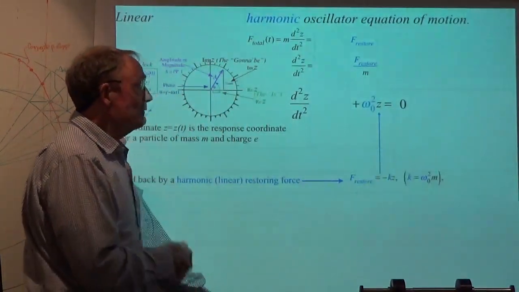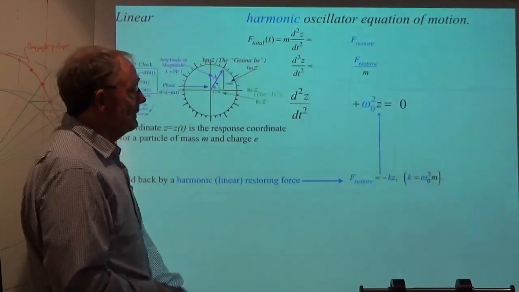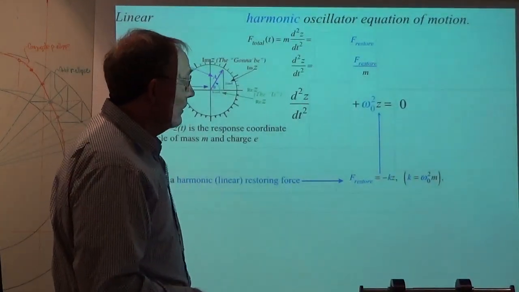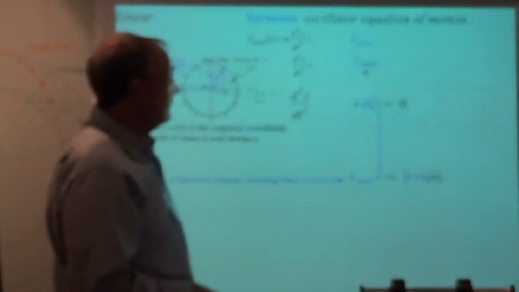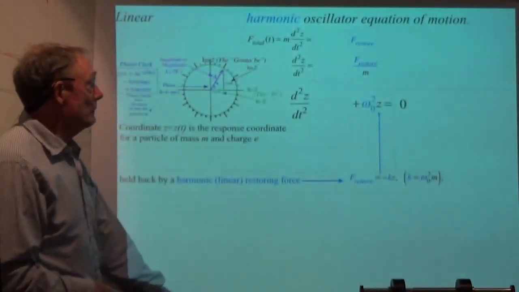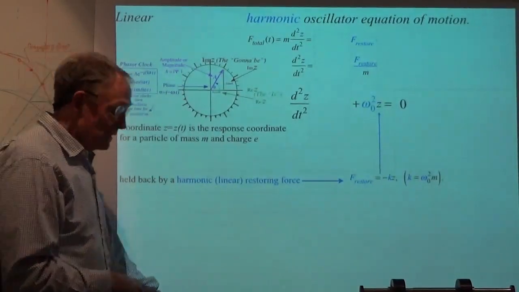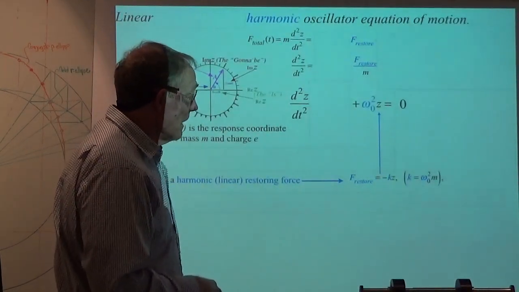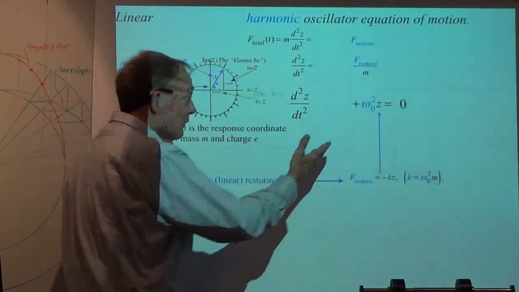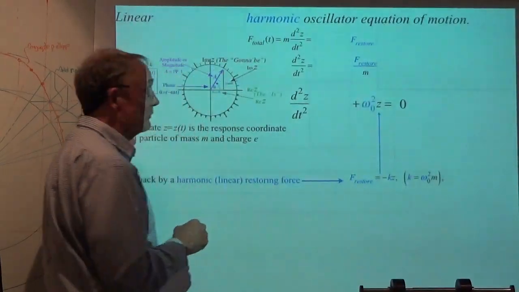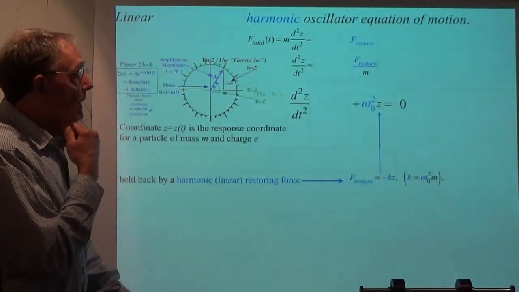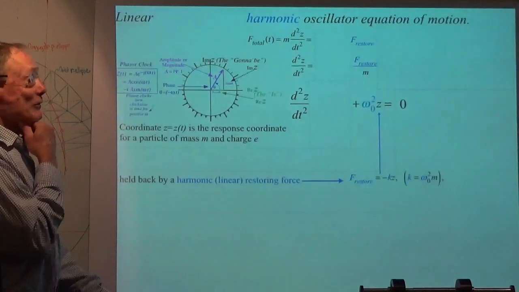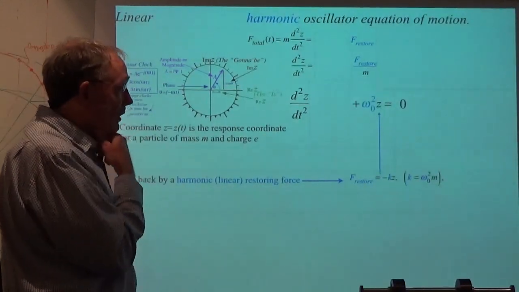So this is a very famous harmonic oscillator equation that every physicist has seen many times by the time you've even got a bachelor's degree in the subject. The idea of having a force that's proportional to z goes back to Newton's nemesis named Robert Hooke.